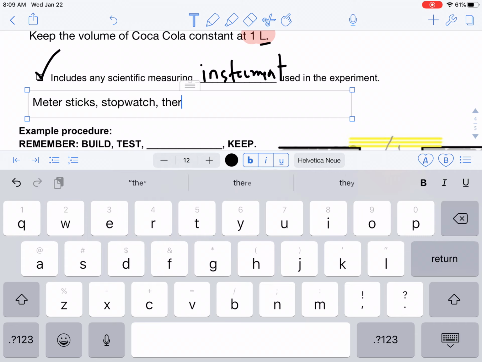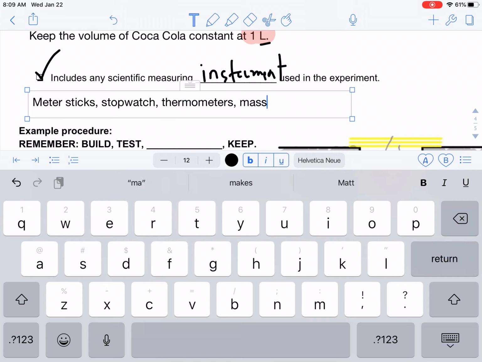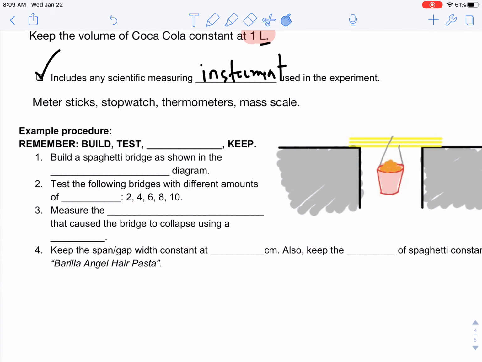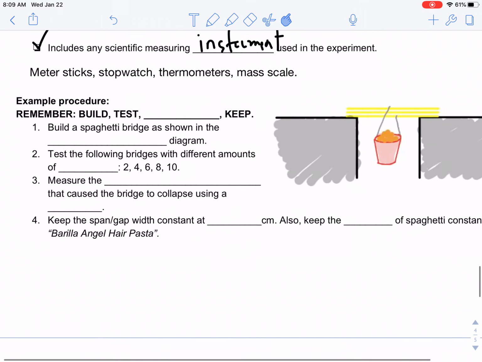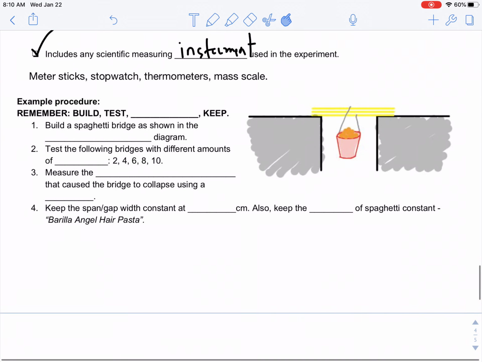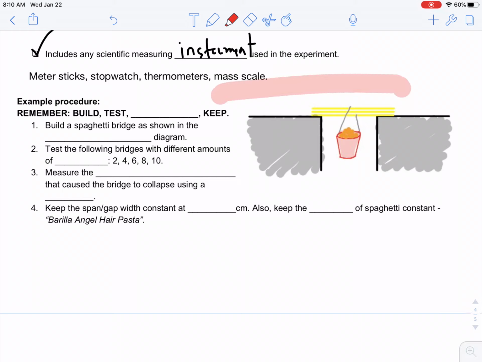Stopwatches, thermometers are important that we might use. We might use a mass scale. We're going to be using a bunch of other things like force sensors, motion sensors, slow motion cameras. But I want you guys in your procedures to make sure that you include any scientific measuring instruments.